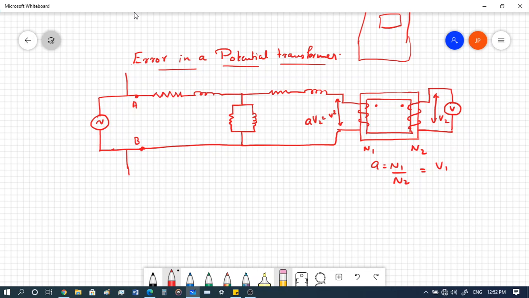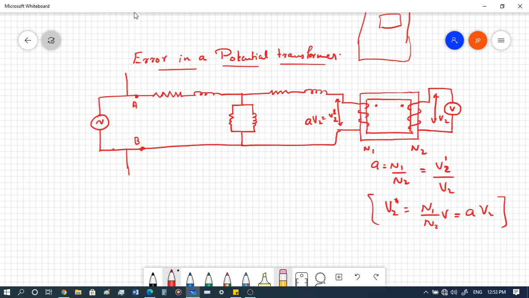So A is equal to V1 by V2, or in this case it is V2 dash by V2. So from here we can see that V2 dash is equal to N1 by N2 into V2, or you can write it as A into V2, right?